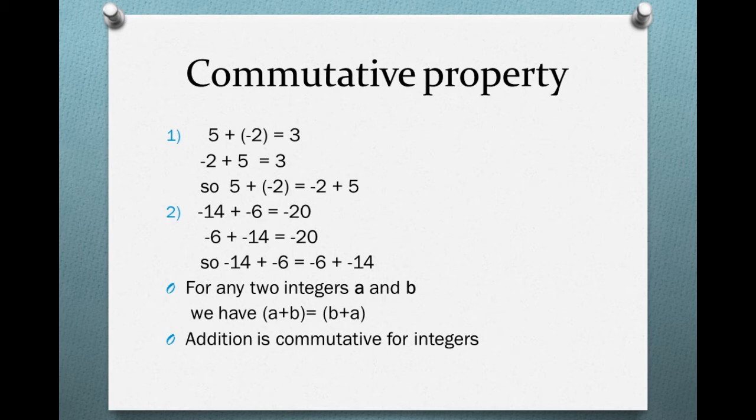Now we will look at whether subtraction is commutative for integers. Consider these examples. We know that 5 minus -3, which is 5 plus 3, is 8.